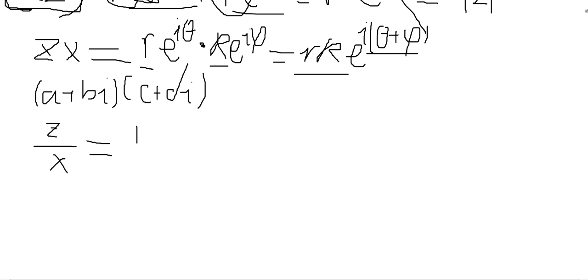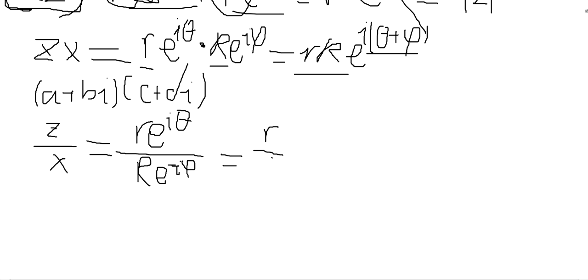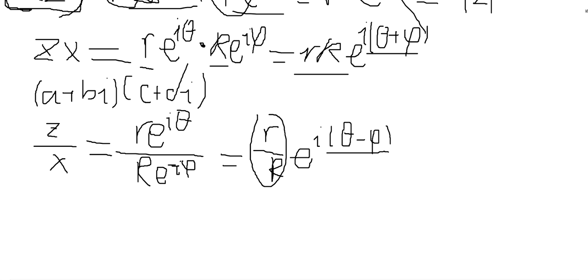This is r e to the i theta over big R e to the i phi, which is r over big R times e to the i (theta minus phi). So when doing division, you divide the moduli while you subtract the arguments.